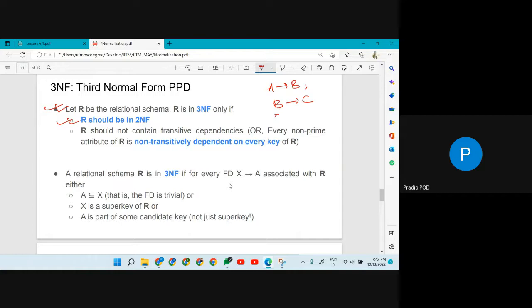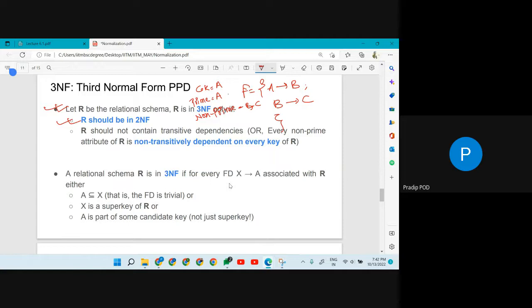If this kind of functional dependency exists, here you can clearly say A is your candidate key, right? A is your candidate key, then the prime attribute is A, and the non-prime attributes are B and C. So what is the definition of the transitive dependency?